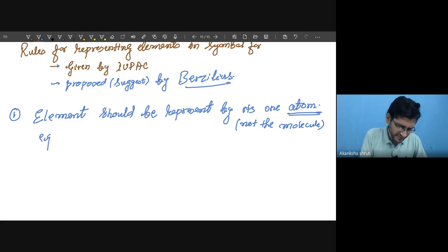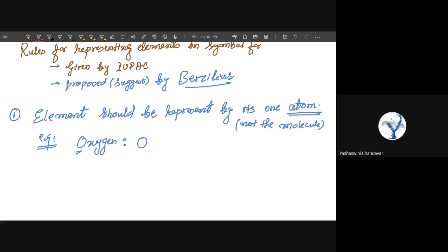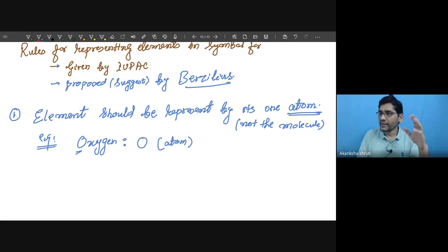Example, say oxygen. If we want to represent oxygen, then the alphabet from the name should be taken and only one atom should be taken. So it is O as one atom. This is the correct way, not O2.